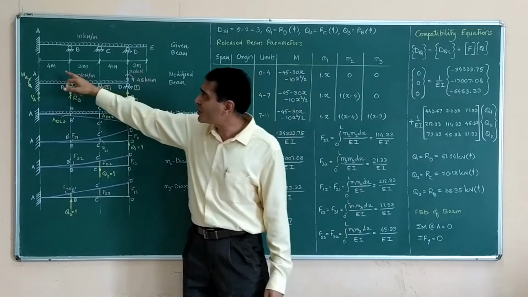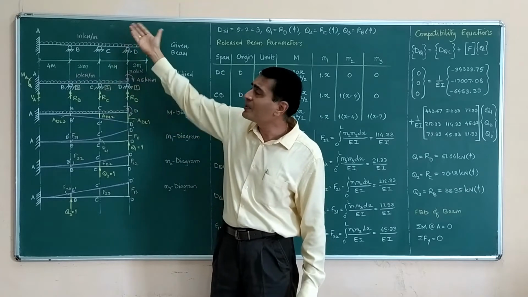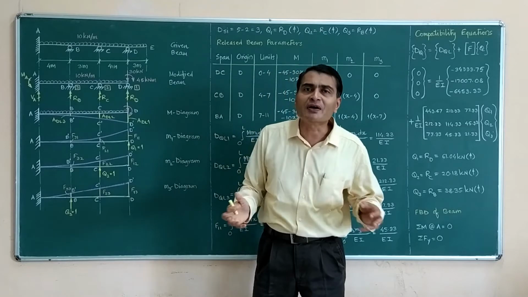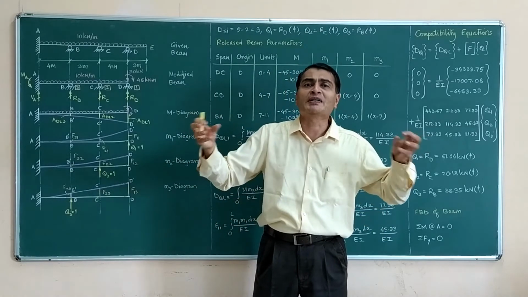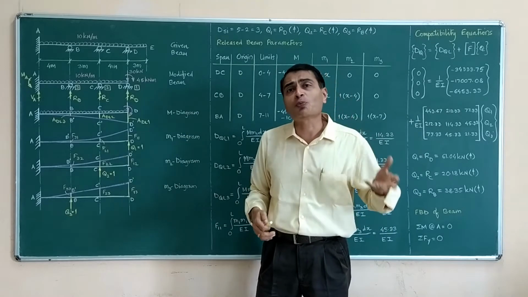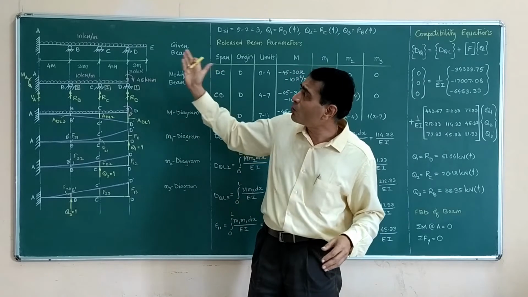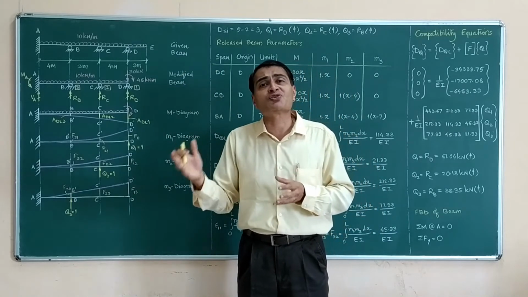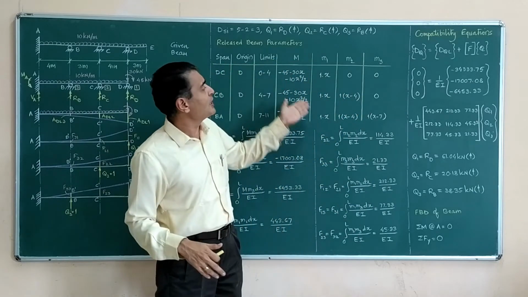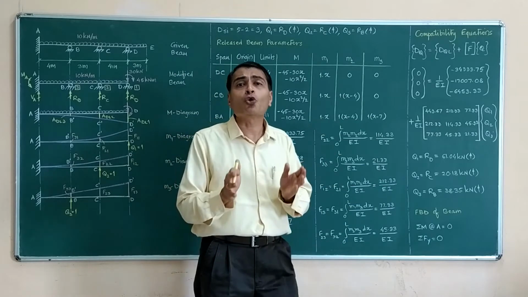The other spans are 4 meters, 3 meters, 4 meters, and we have a UDL of 10 kilonewtons per meter acting throughout the span. It is possible that when you are solving some textbook problem, reference book problem, or even in examination, you may have different loading on different span that will only make your bending moment entries slightly different, slightly more involved.